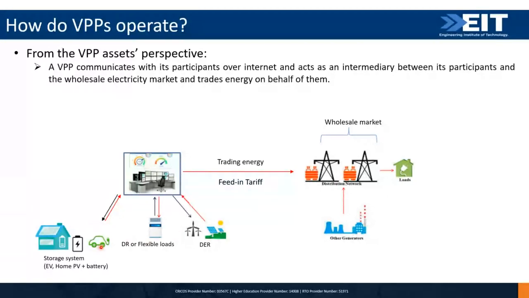These small systems are not eligible to sell their small power directly to the grid. They cannot sell their power directly to the grid because the market on the grid side is very big, and it is called the wholesale market.